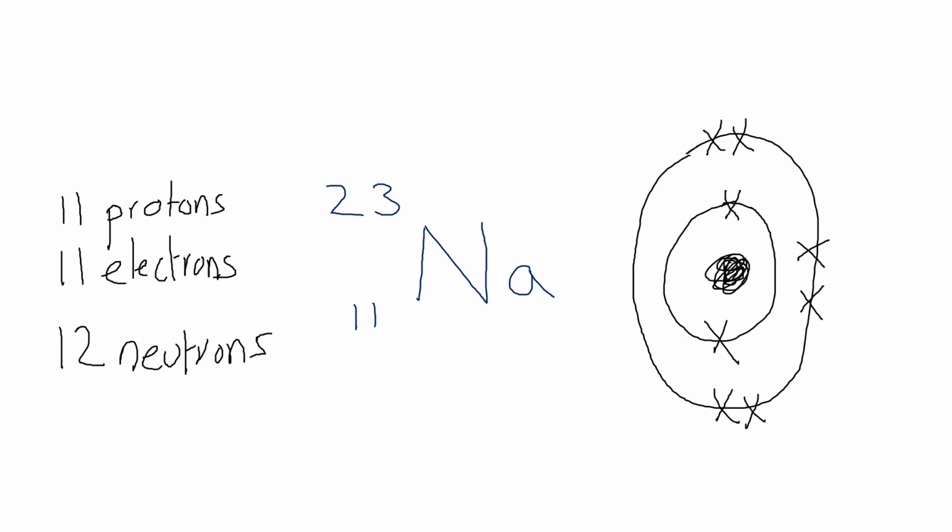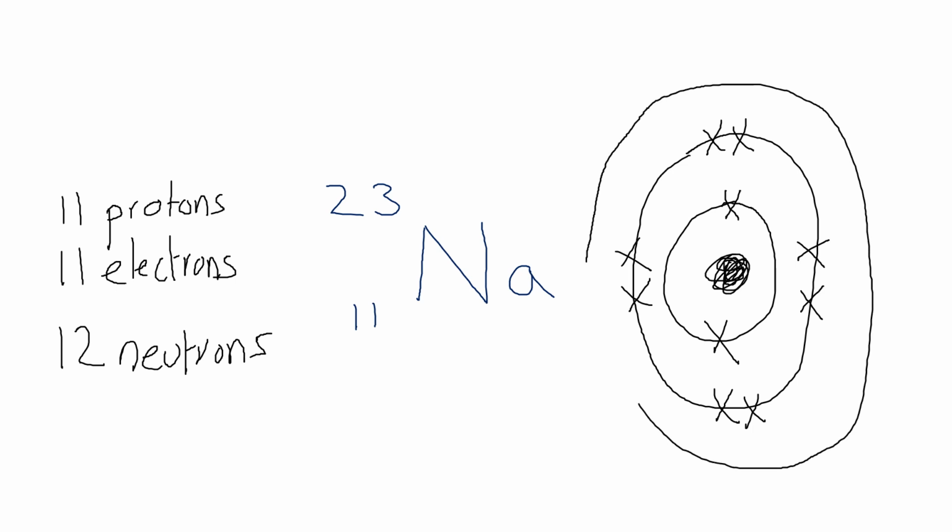I will do a separate video, as I promised, on SPD configurations, which is the more accurate way of drawing the electrons. This has used up 10 electrons, so we need to go to another shell, and then you just have 1 electron there. So its electron configuration would be 2, 8, 1. So you've got 11 protons, 12 neutrons, and 11 electrons.